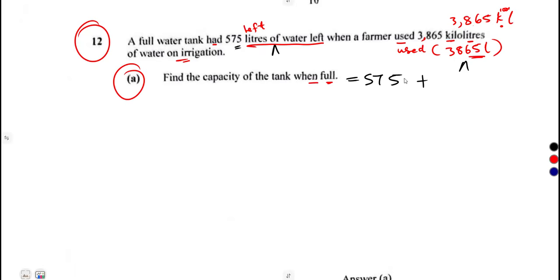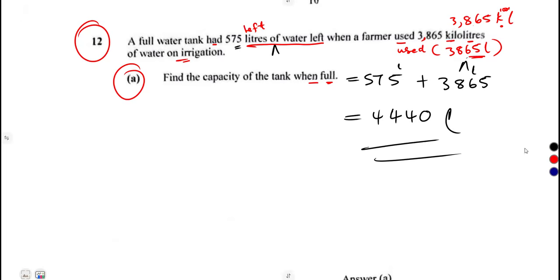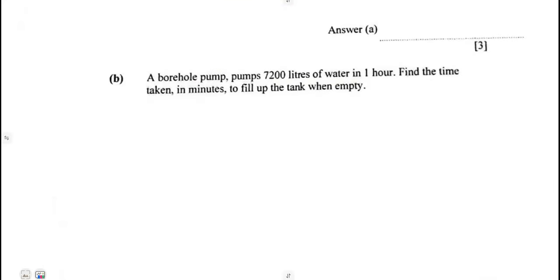What was used is in liters, that's why you have to multiply by 1,000 for a kilo. So that's 3,865 liters. Liters to liters you can add. That was going to give you 4,440 liters. All right. So this is the capacity when full.